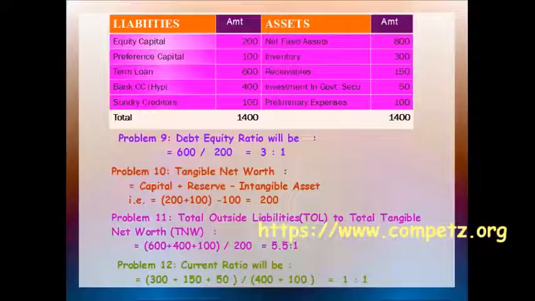So what is the equity capital amount? 200, plus reserves? No, but your preference capital is there, right? So equity capital 200, preference capital 100, you will get 300 minus your intangible assets or preliminary expense or fictitious assets or miscellaneous expense. Preliminary is 100. So 300 minus 100, you will get 200. So your tangible net worth is 200.